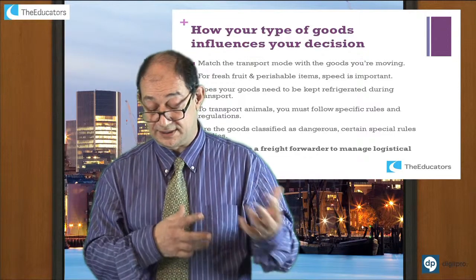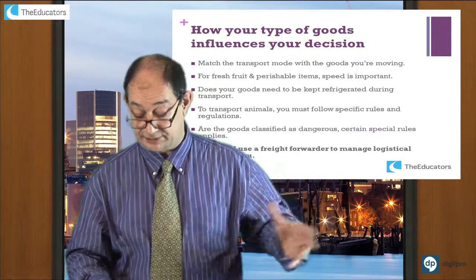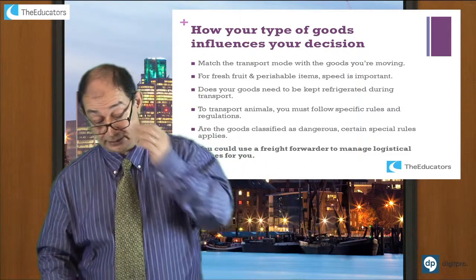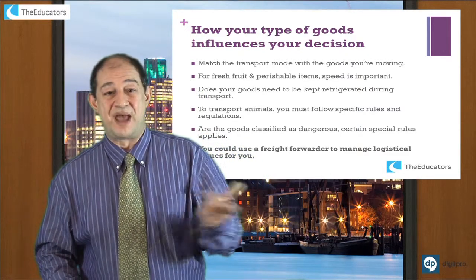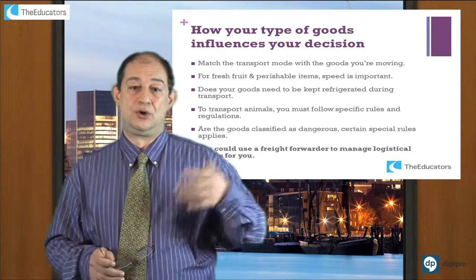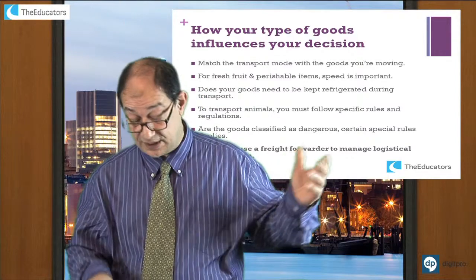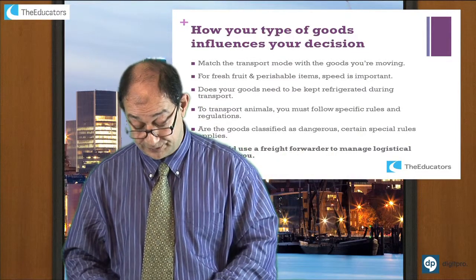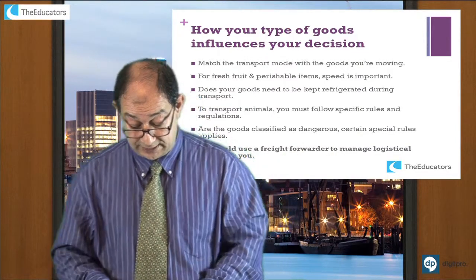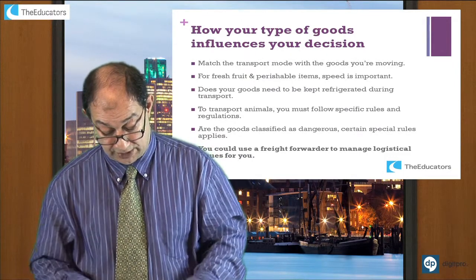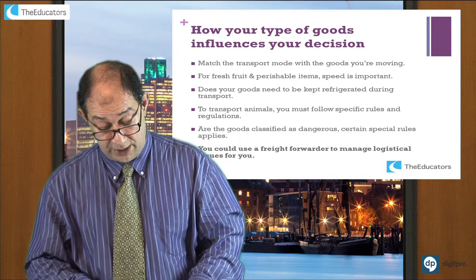Security is more important, so you would go by air transport with high security. If you are shipping wheat or cement, which have a low value compared to their weight and volume, then you have to use sea transport or rail transport. So the cost of transport has a major effect, depending on what kind of products you're moving around.